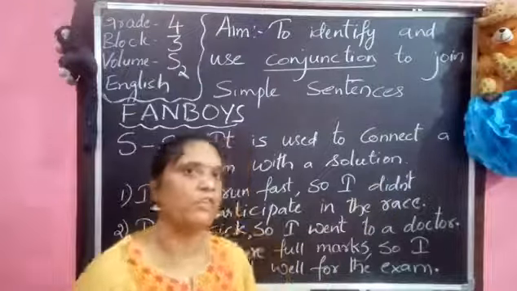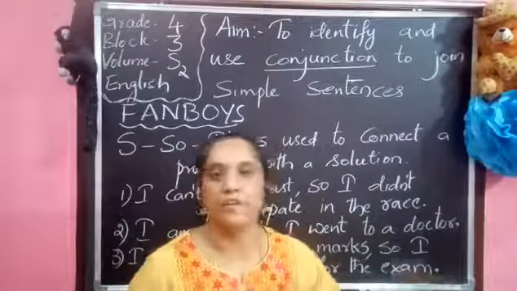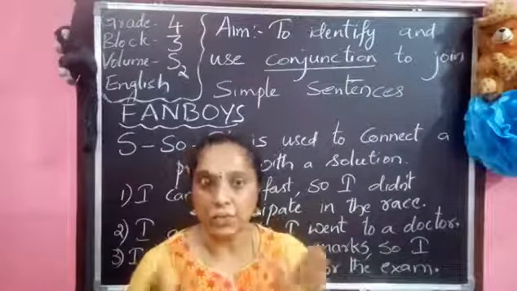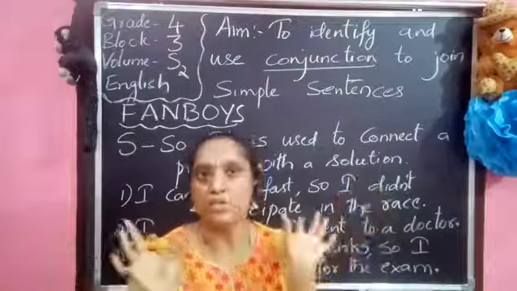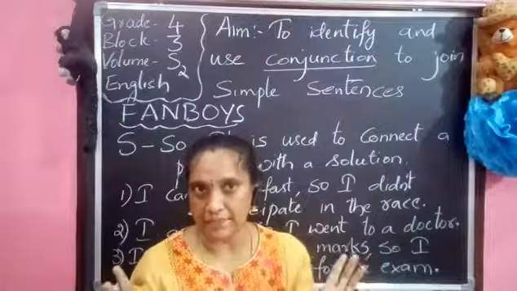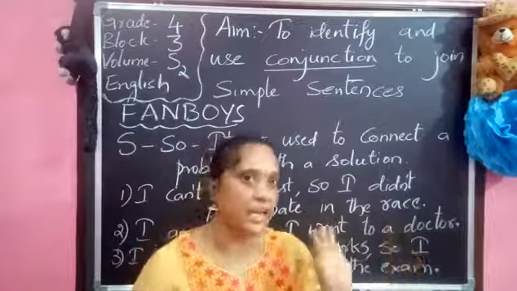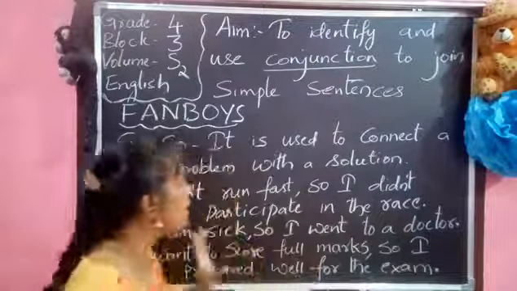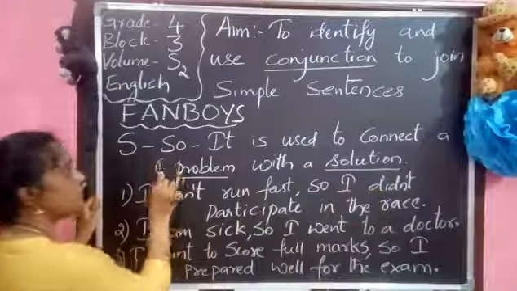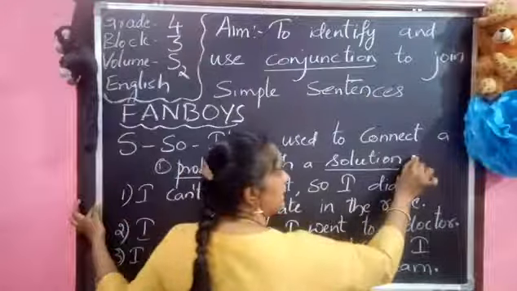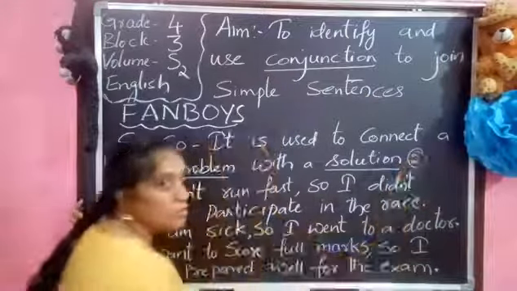Whatever problem you have, if you have a solution for that, then we can join the two sentences by using "so". If you have two sentences, the first sentence contains a problem and the second sentence contains a solution.